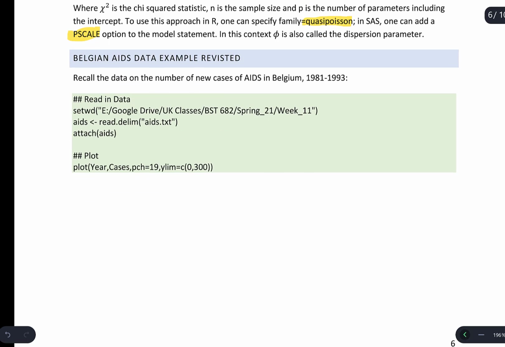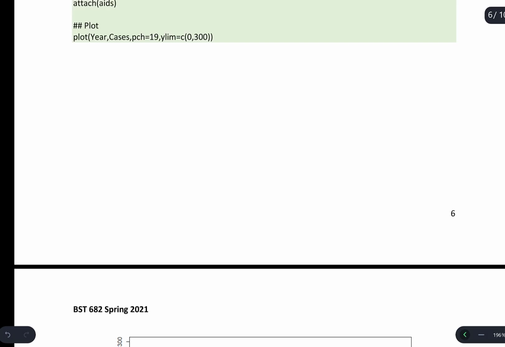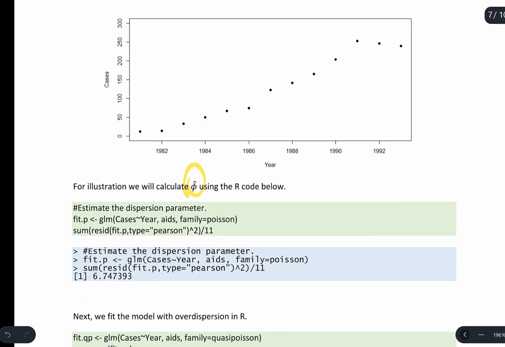And so this is what it would look like for the Belgian AIDS data example. So again, first thing we're going to do is plot this in R, and here's what that plot would look like. And then, for illustration, we're now going to calculate the estimate of that dispersion parameter doing the following.